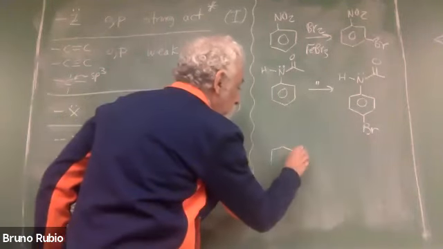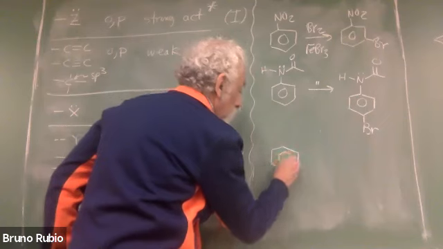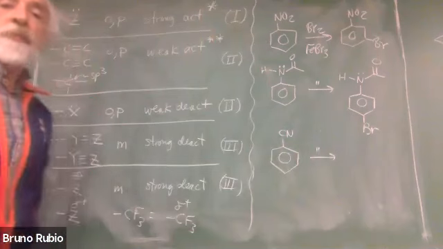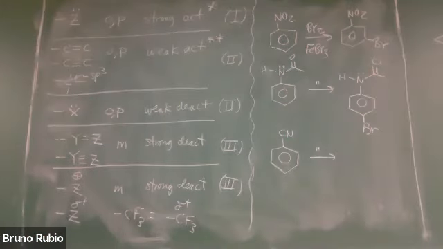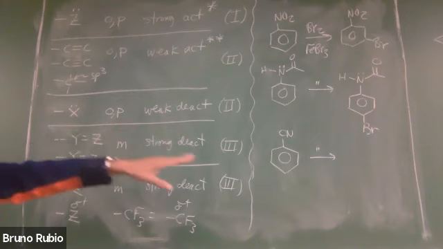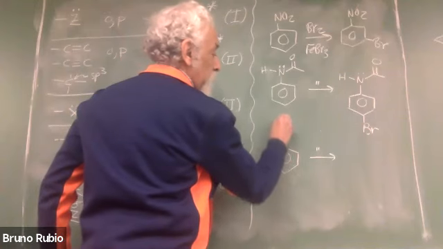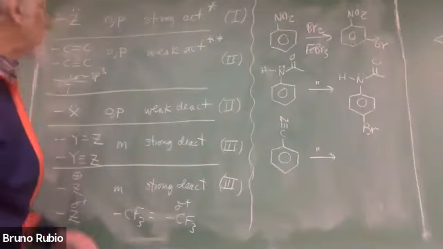Okay, let's try another one. What about something like that? What would be the major product here? CN. Look at the atom directly bonded to the benzene ring. It fits into one of these categories. That's how we can predict whether it's going to be an ortho-para or a meta-director. So CN, if I were to write that in all its glory, what I would be writing is a carbon-nitrogen triple bond there.